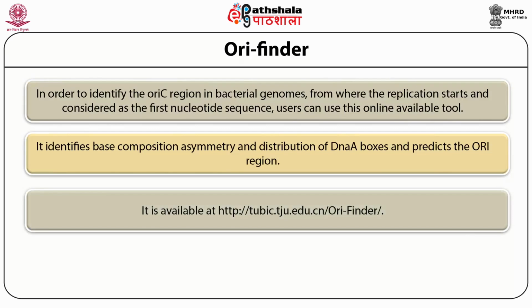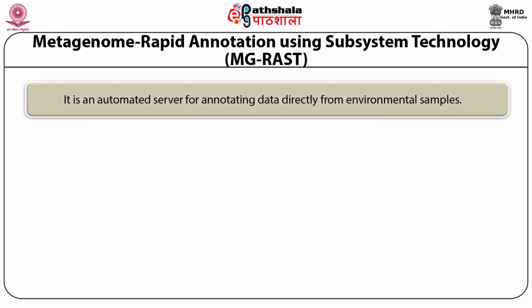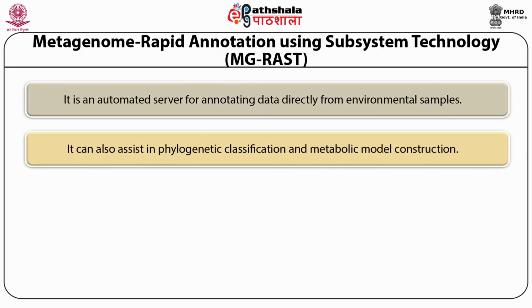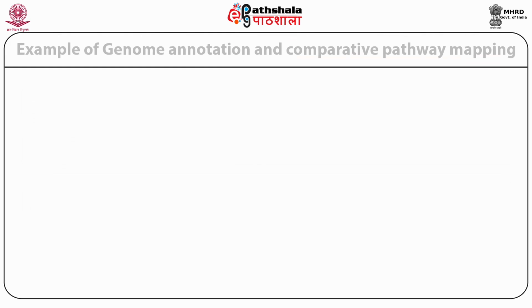It is available at the following link. Metagenome Rapid Annotation using Subsystem Technology. It is an automated server for annotating data directly from environmental samples. It can also assist in phylogenetic classification and metabolic model construction. It is available at the following link.